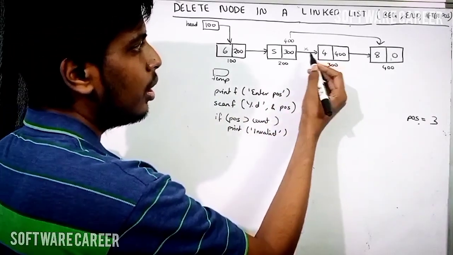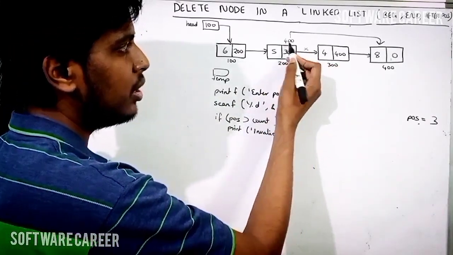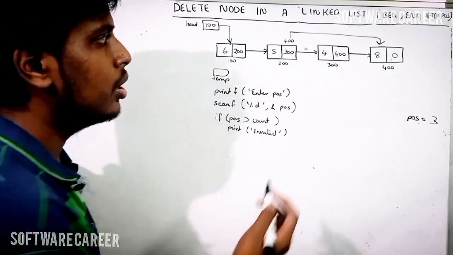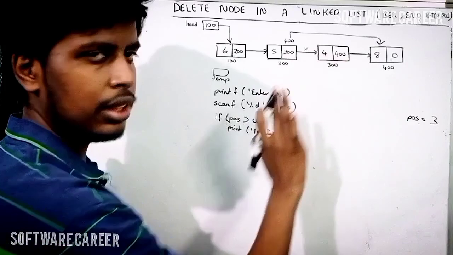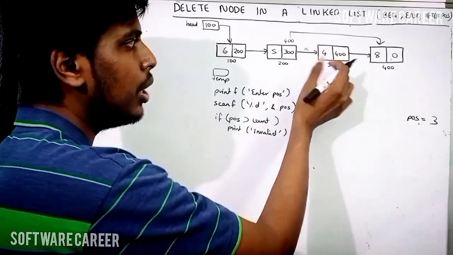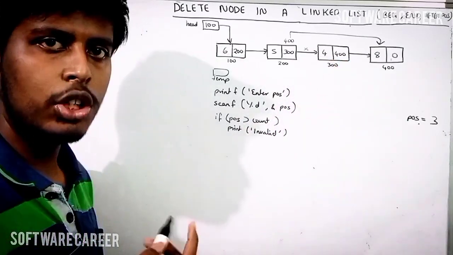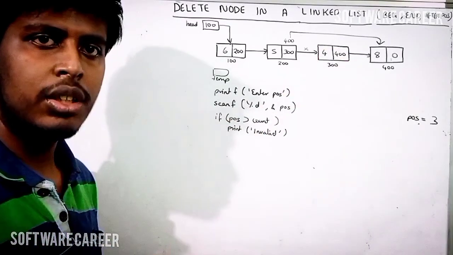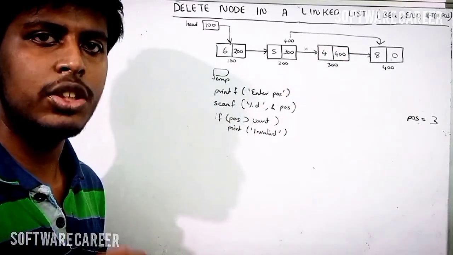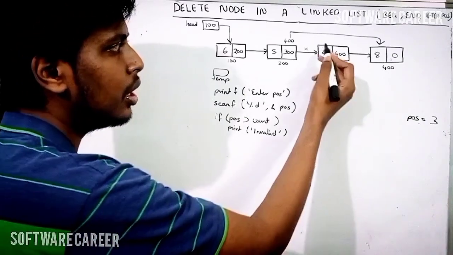Then after making this change, next step is what? This node is not part of this linked list, it's deleted. But you still have data stored in memory. So what should you do? This should be removed from memory, or else it causes memory wastage, because this is a garbage value.